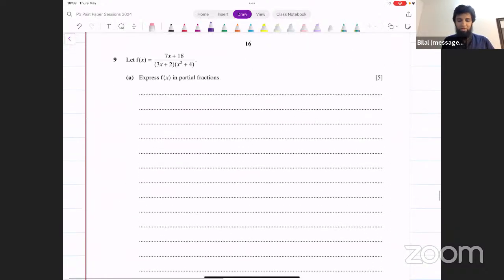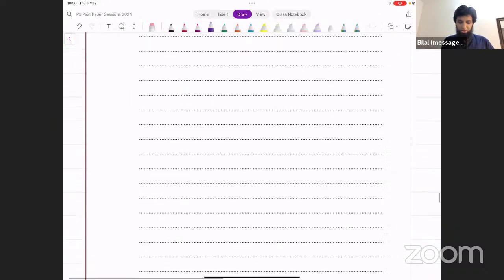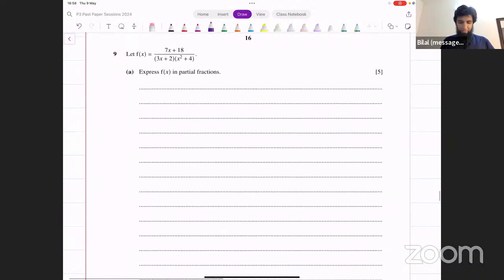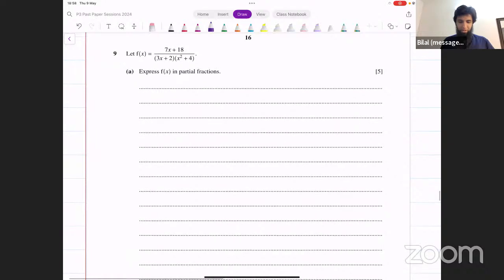This was a very easy one. We have partial fractions and then integration. This will be bx plus c, and then, okay, can somebody tell me the partial fractions that you get from question number 9, part A?